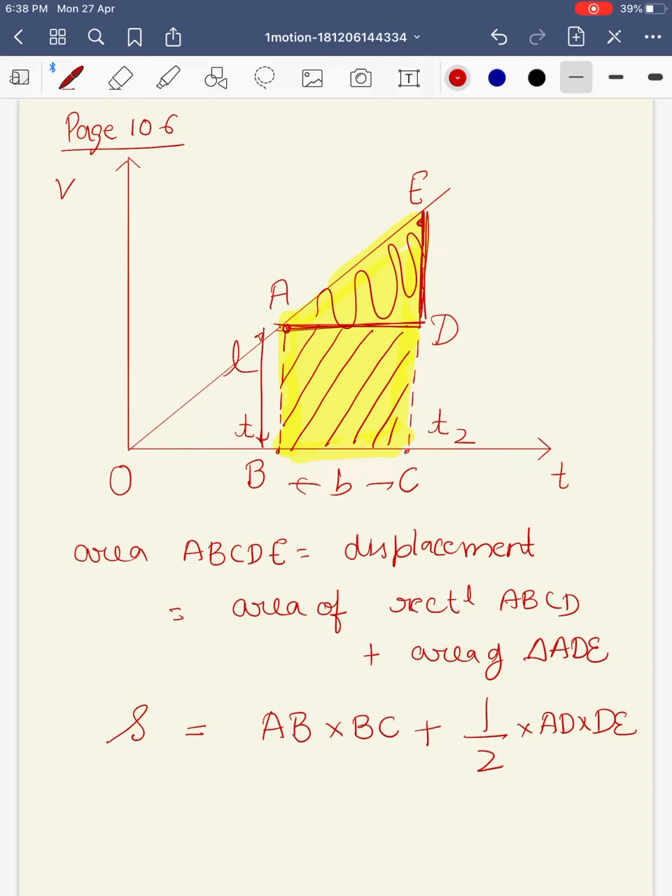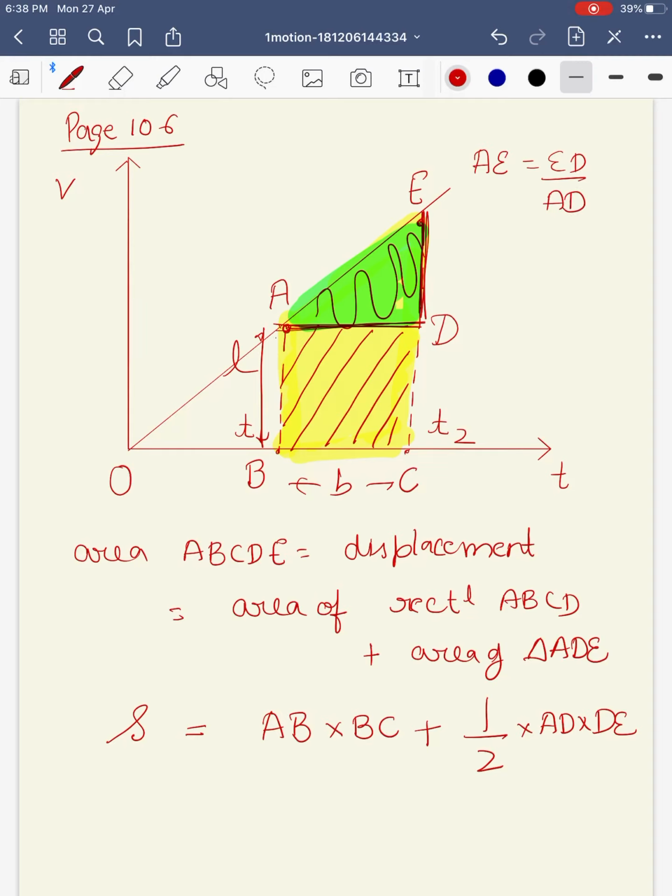Similarly, in case of velocity time graph, what will the slope of velocity time graph give? That will give you value of acceleration, right? How? We had said that slope AE, as in distance time graph, if we have this triangle, I'm talking about this particular triangle, the slope AE is always given by ED divided by AD.